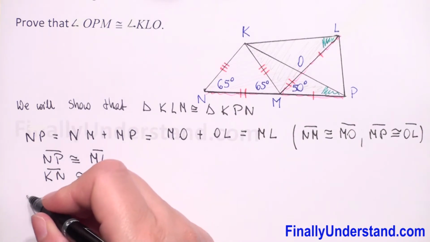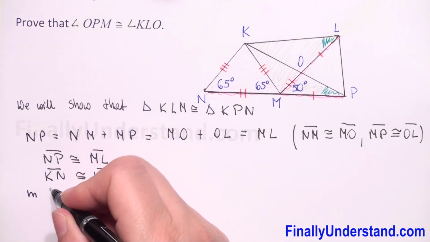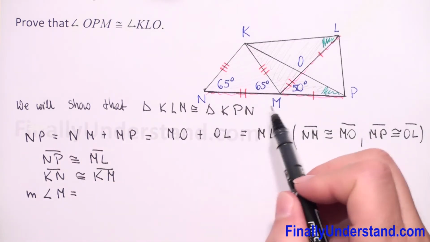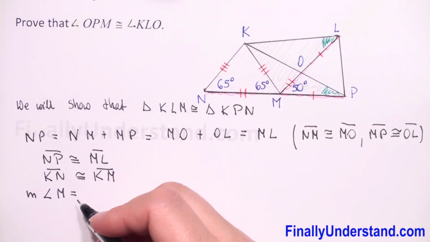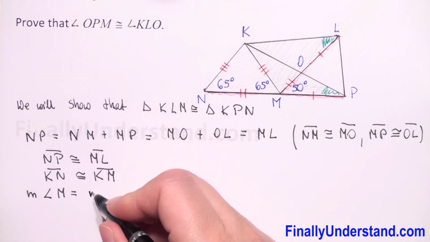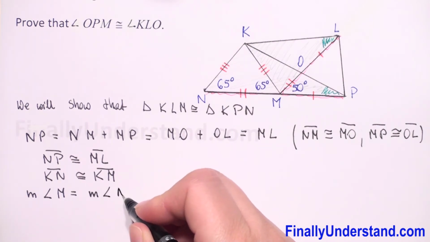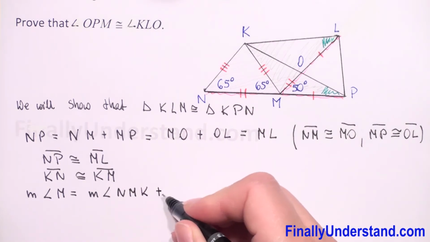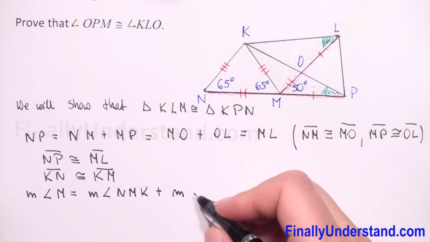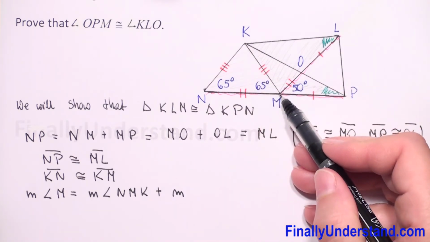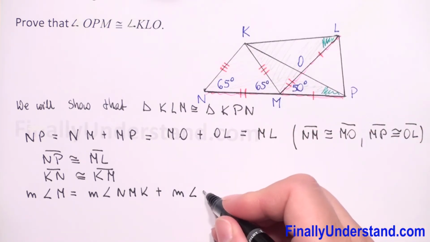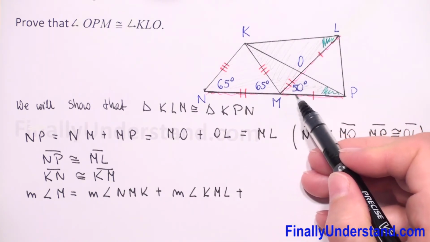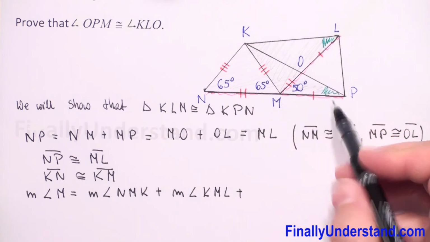So we can write that measure of angle M is equal measure of angle NMK plus measure of angle KML plus measure of that angle LMP.